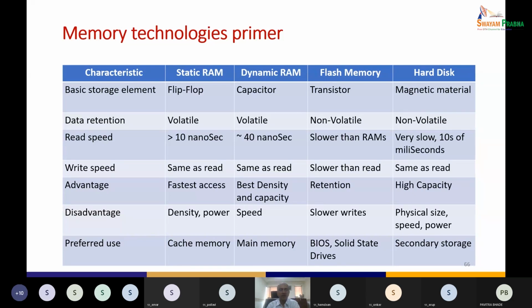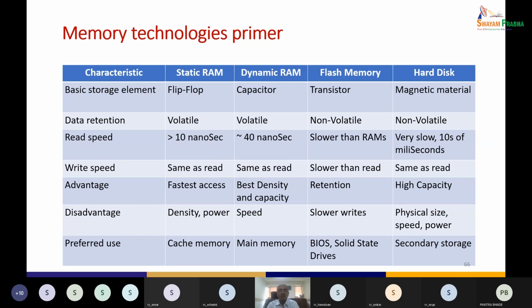Speed is the primary criterion, though it consumes a lot of power and is not so dense. Whereas dynamic RAMs are used for main memory, the reason being capacity and density, though the speed is low and the volatility followed by refresh is a bit of a deterrent.